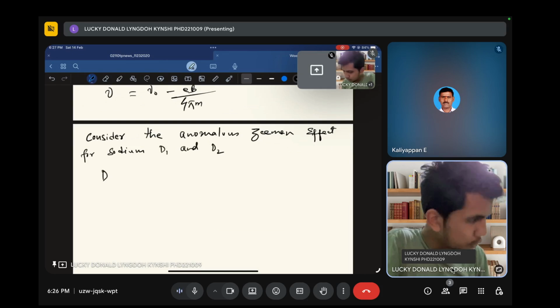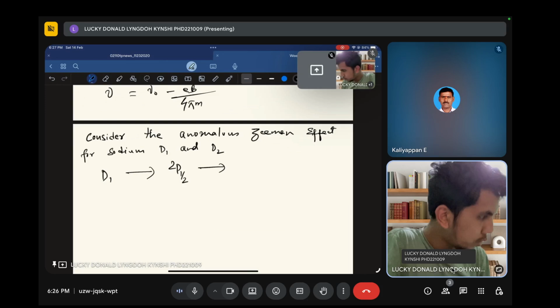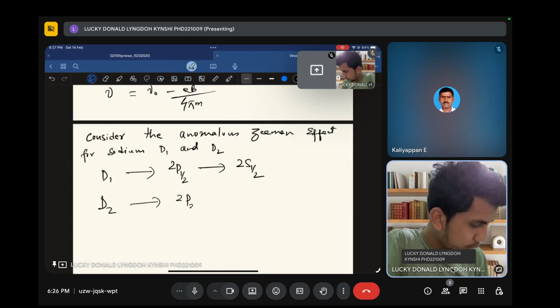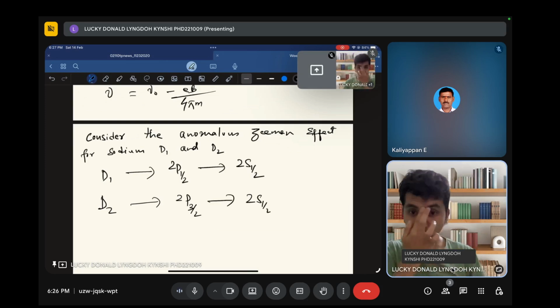So D1 corresponds to what? Transition from 2p 1/2 to 2s 1/2, and D2 line corresponds to the transition from 2p 3/2 to 2s 1/2. Okay, so we'll solve one by one.